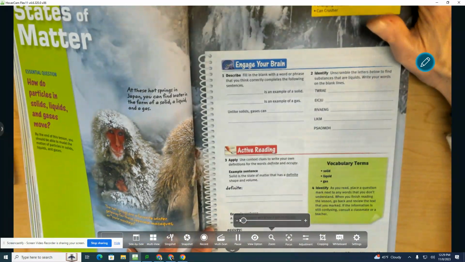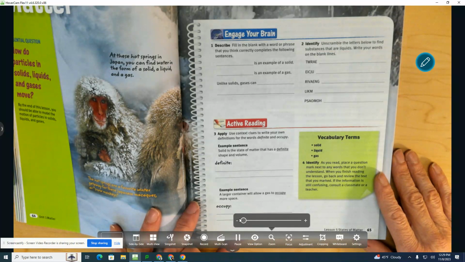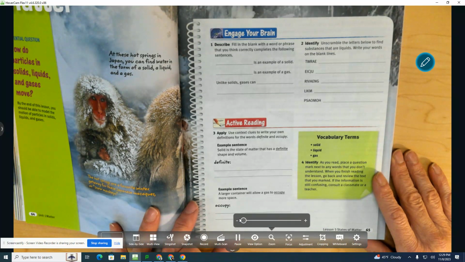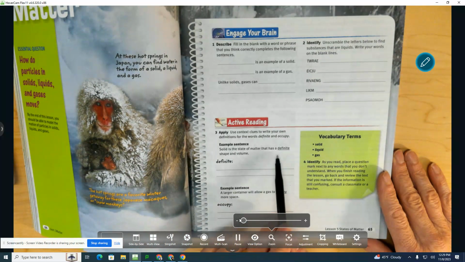All right, and number 3, use context clues to write your own definitions for the words definite and occupy. So the example sentence says solid is the state of matter that has a definite shape and a volume. So based on that sentence, what does definite mean?